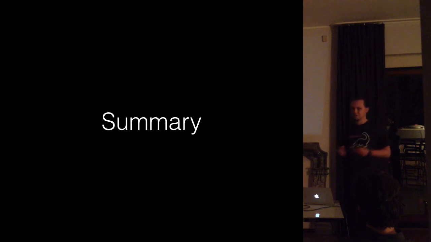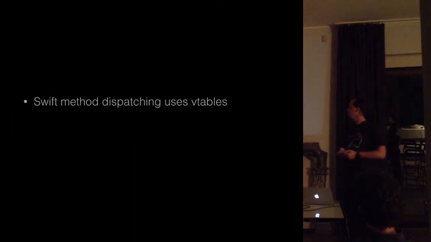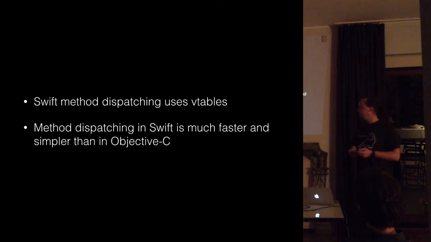Okay, it's time to wrap up. So what have we learned? Swift method dispatching uses vtables. And because of that, method dispatching in Swift is much faster and simpler than in Objective-C. And that wasn't everything that I wanted to say today.